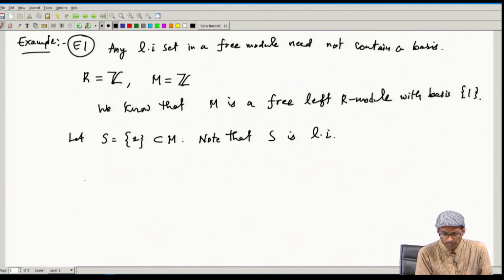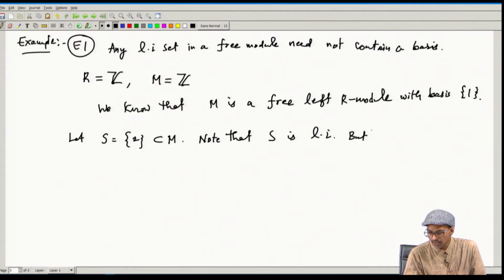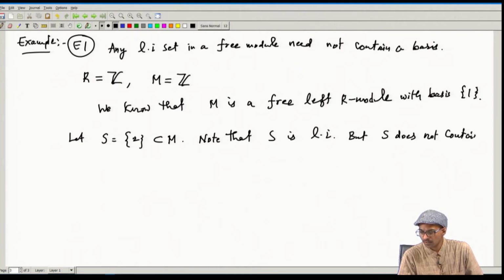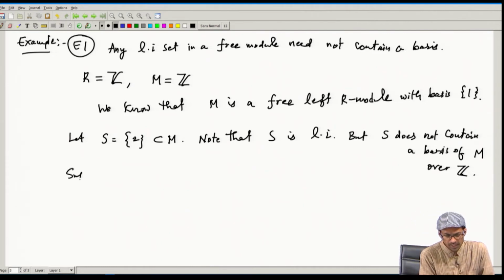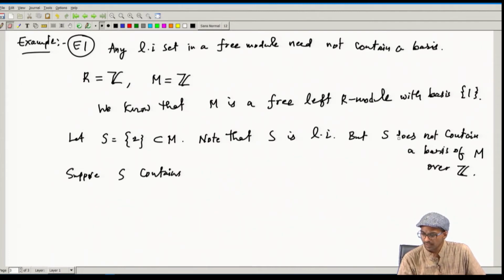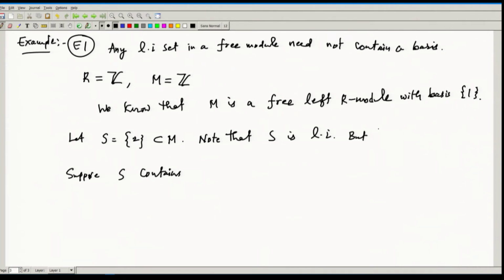But S does not contain a basis of M over the ring R, which is Z. Sorry, here let me make one correction: S cannot be extended to a basis of M.